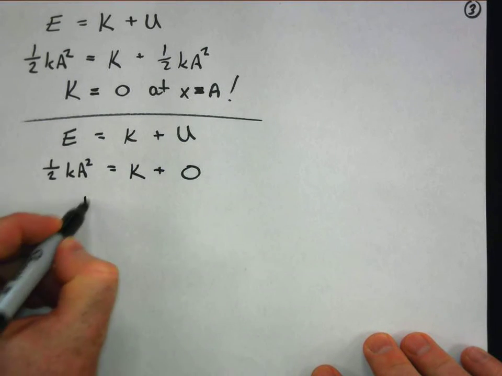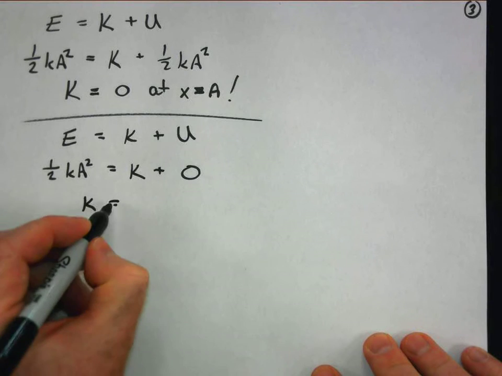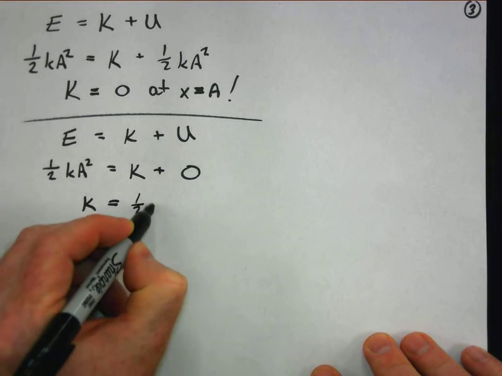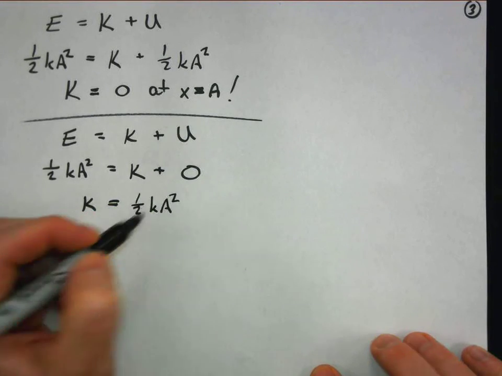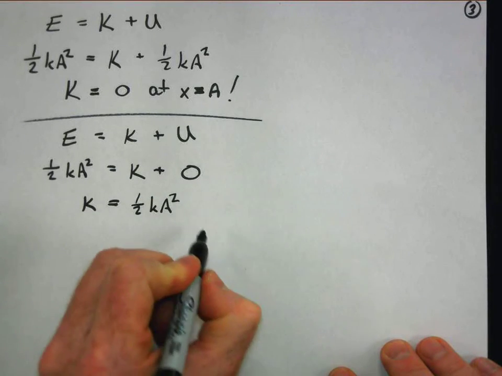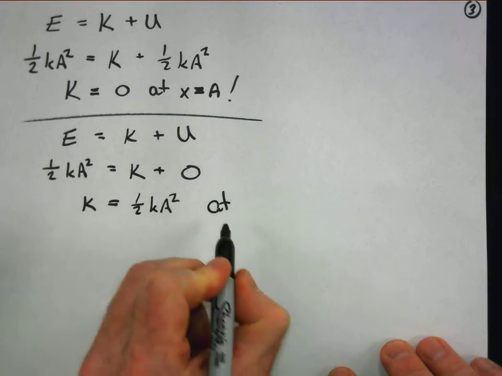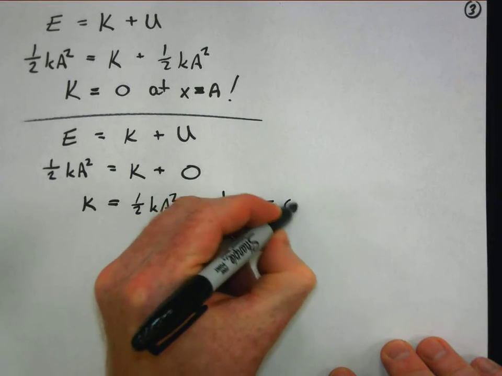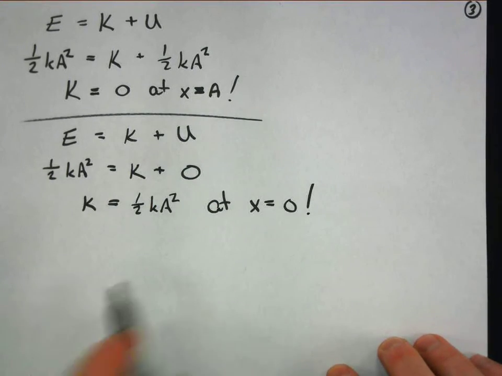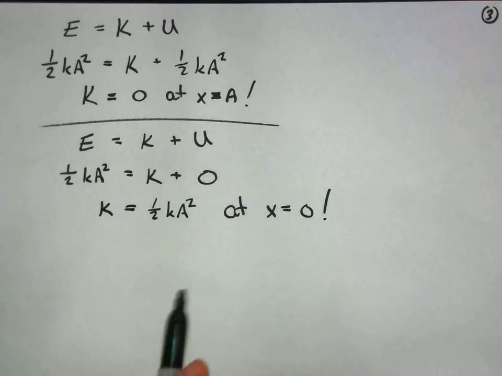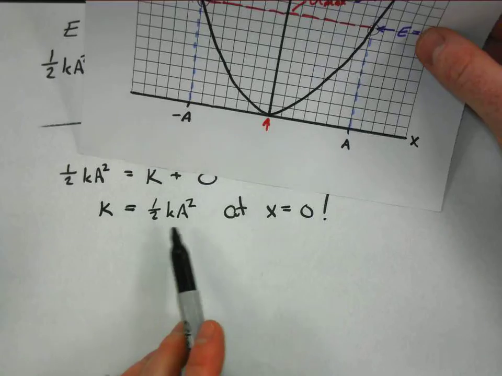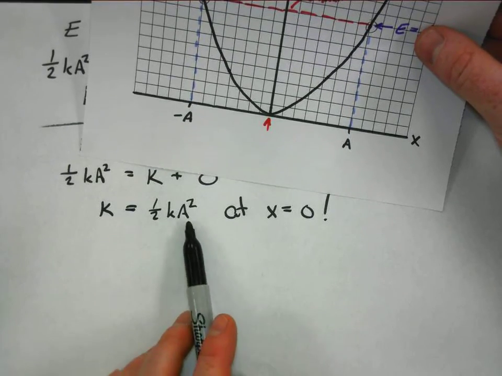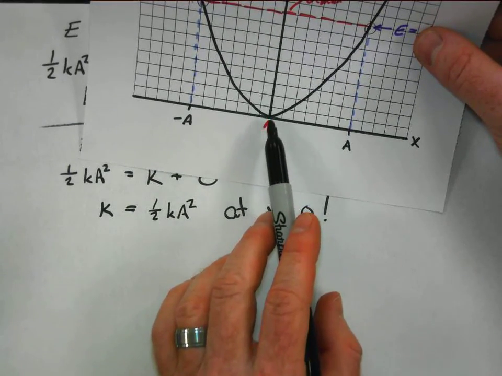So how much kinetic energy does it have there? It has 1/2 kA squared kinetic energy at x equals 0. That is important to include in your statement about this. So there is an amount of kinetic energy equal to 1/2 kA squared at the equilibrium position.